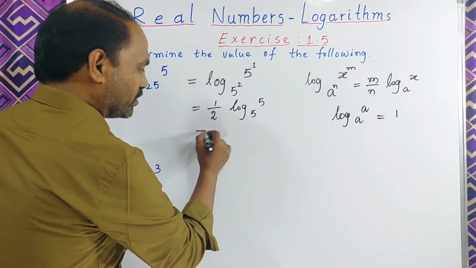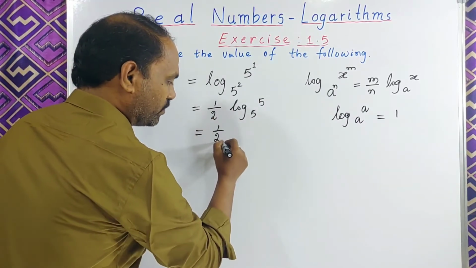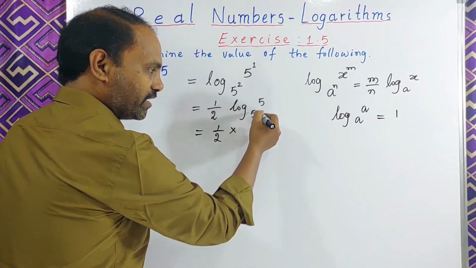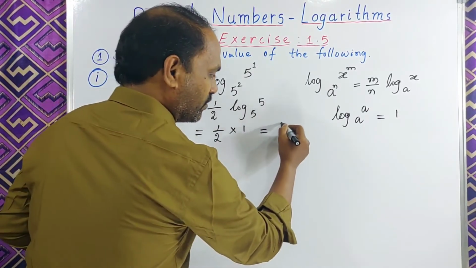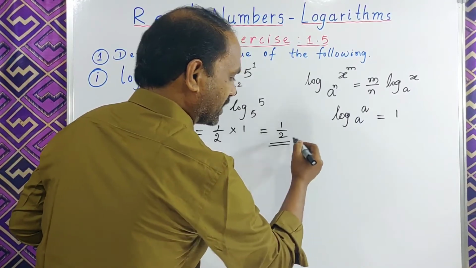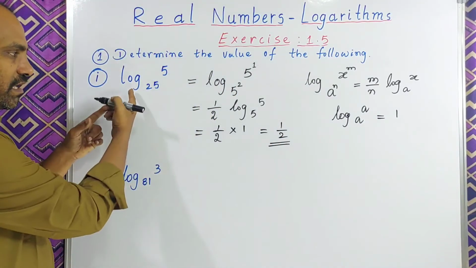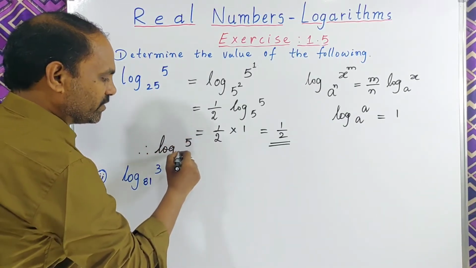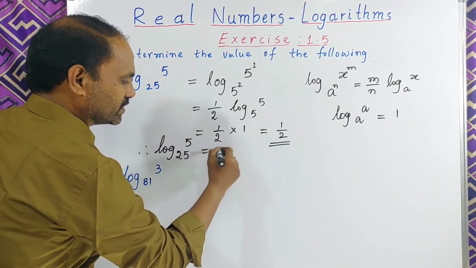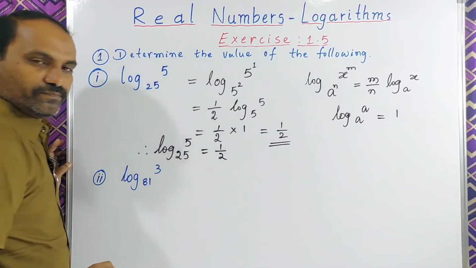So 1 by 2 into log 5 base 5, which is 1, gives 1 by 2 into 1, which is 1 by 2. This is our answer. Therefore log 5 to the base 25 is equal to 1 by 2.